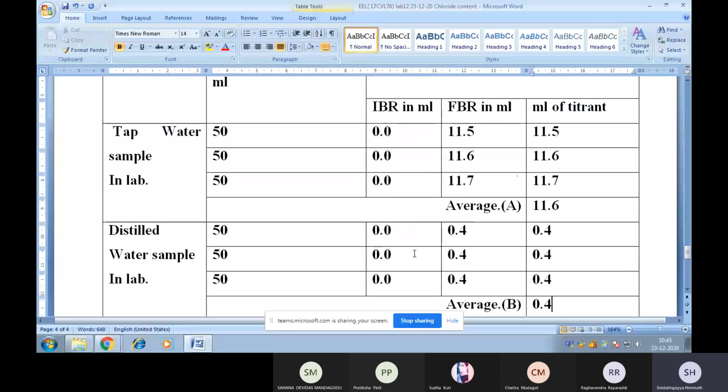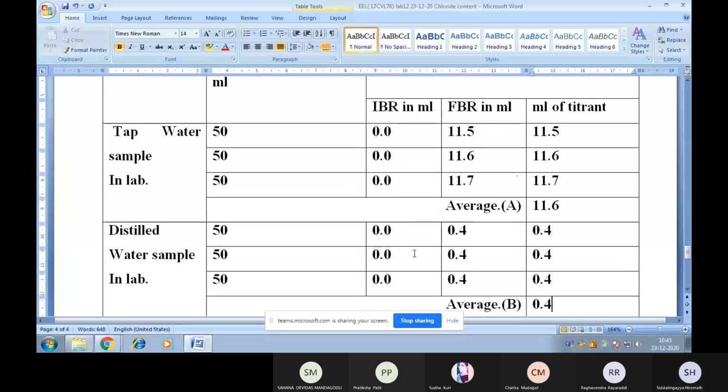So the whole thing is divided by the volume of sample.